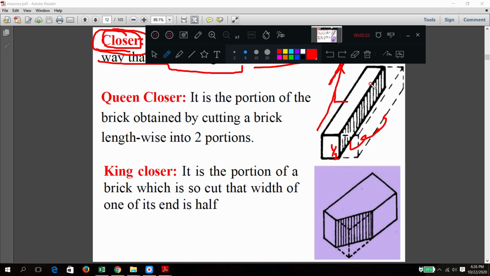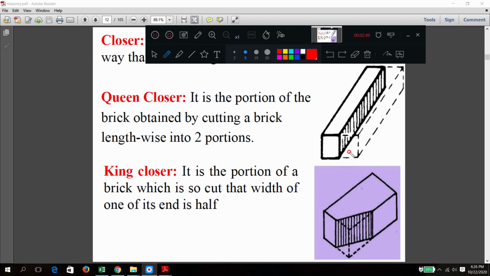In queen closer, exactly half the width is taken away and only half the width of the brick is there, so it is called queen closer. In king closer, what is there? One side width is cut, another side length is cut, and this portion is removed. I explain once again.